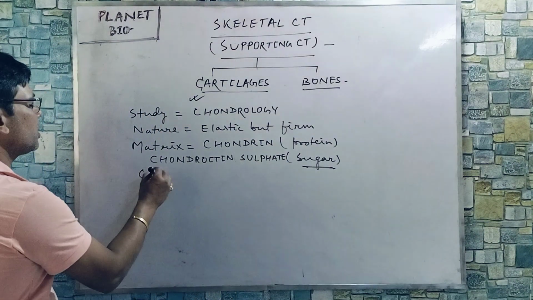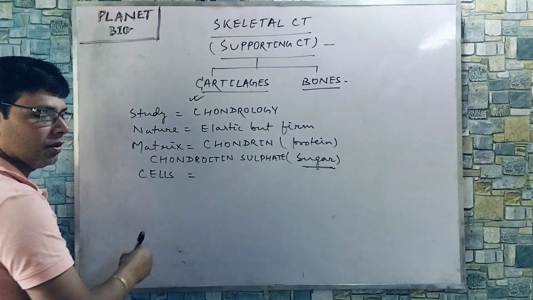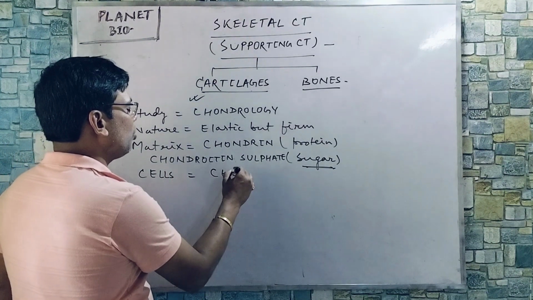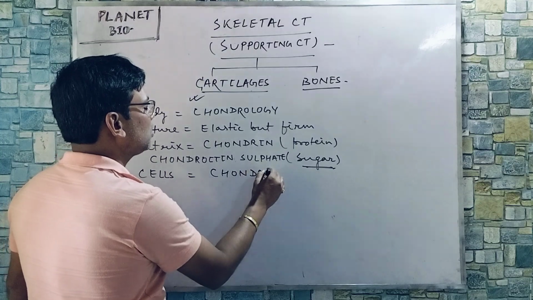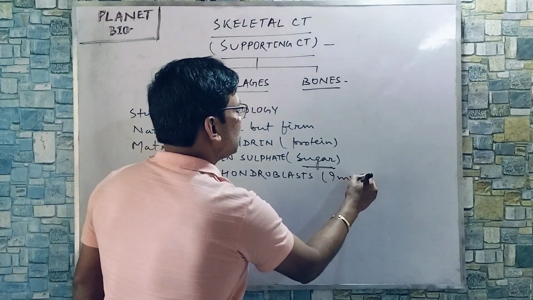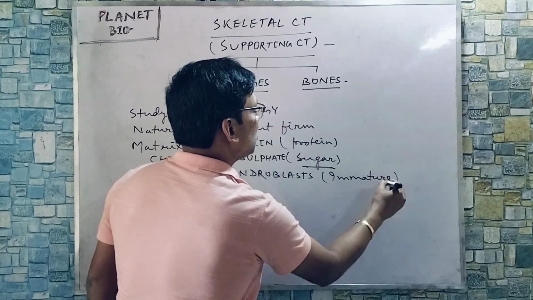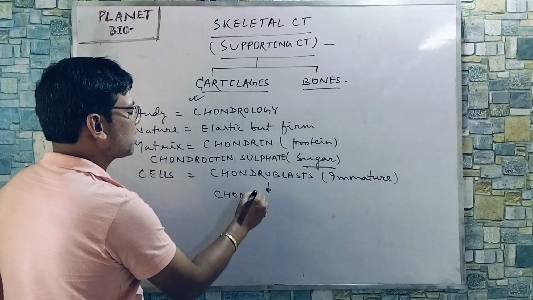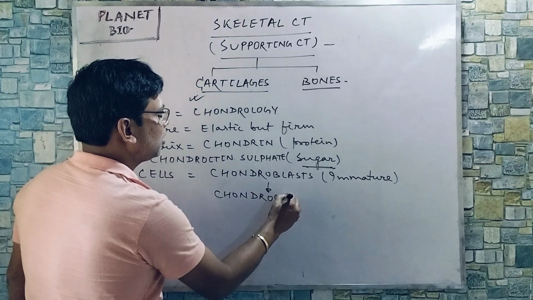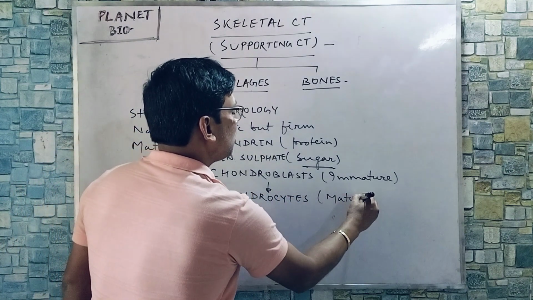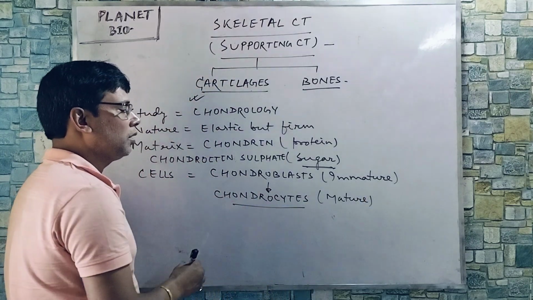This is going to be mucopolysaccharide, that is carbohydrate sugar, you can say, and this is the protein part, chondrine. And the cells present here, when immature, they are called chondroblasts. And as they become mature, they are called chondrocytes.